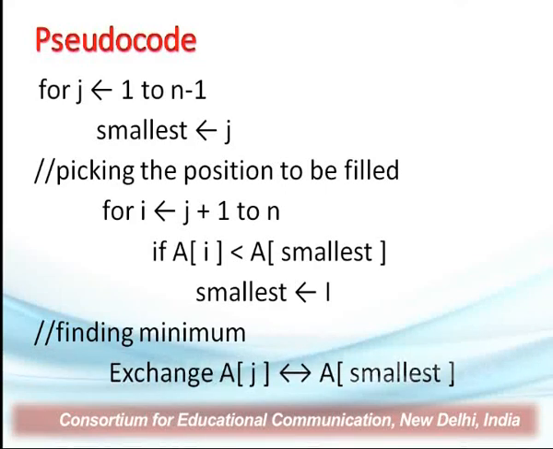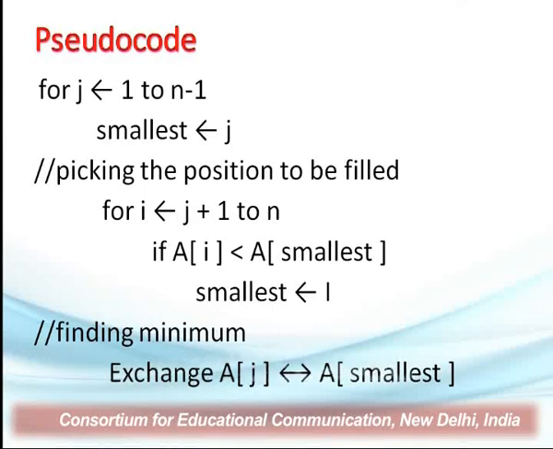We can say if a of i is less than a smallest, the value of i will be stored into the smallest. So these two lines are here to find the minimum, and as and when we are able to find the minimum from the unsorted list, we will exchange that a smallest with a j.